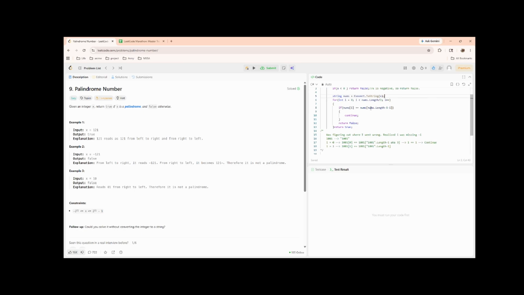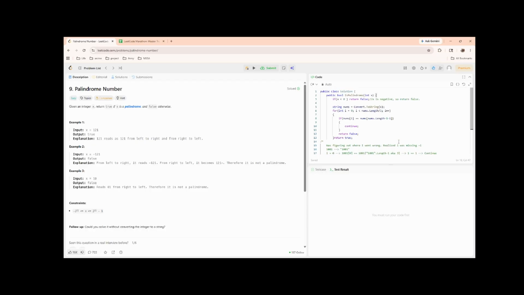I'm glad that I figured this out, the minus i portion of the comparison, by running through the example that they told me, which always feels nice, even if it's a very easy problem.